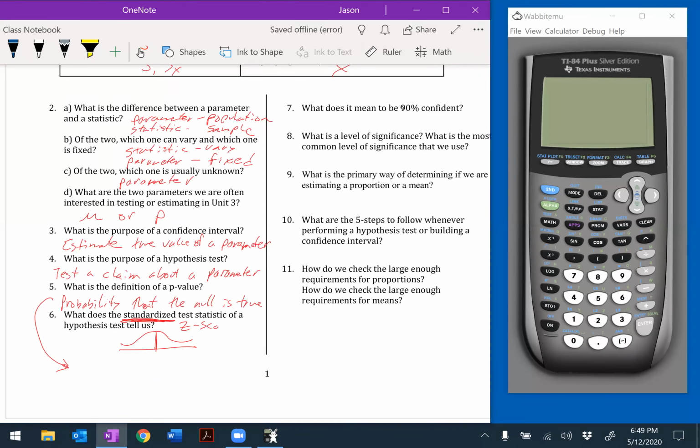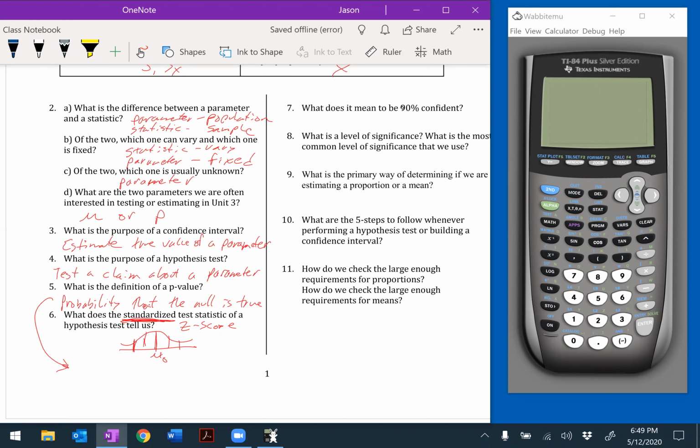A z-score is a standardized score, and that tells me how many standard deviations I am away from the claimed value. Say that this is mu null.